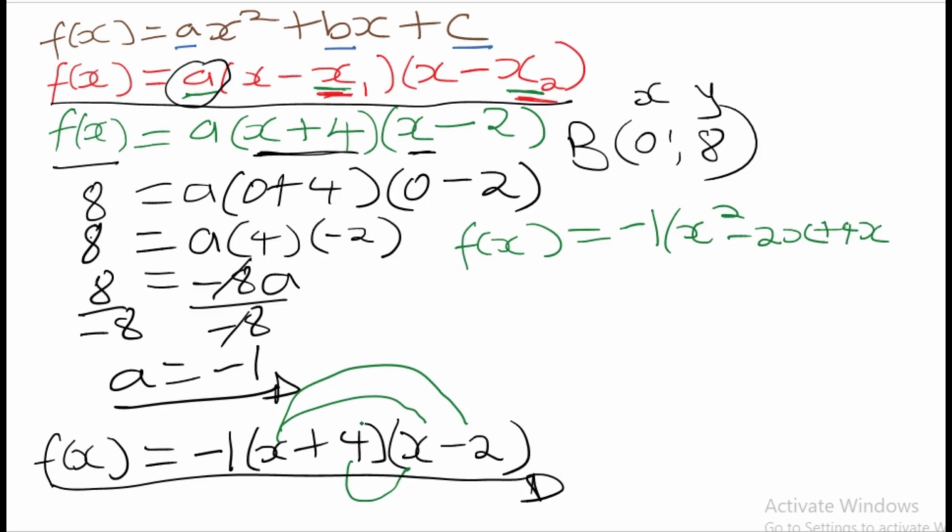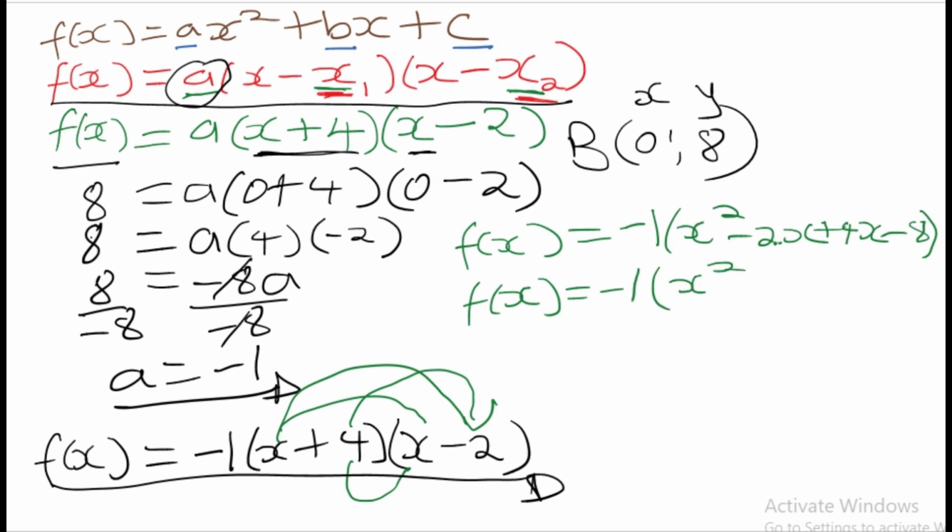I multiply positive 4 and negative 2, I get negative 8. Now I've got f of x is equal to negative 1, then x squared. These two, when I simplify them, I will get plus 2x, minus 8.